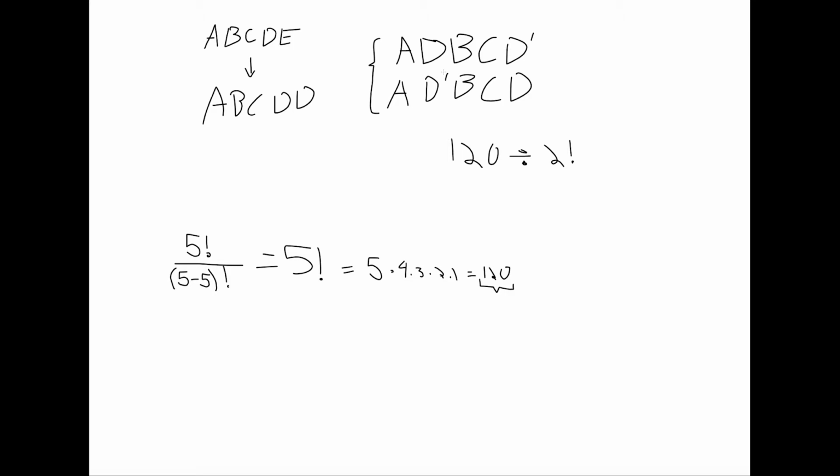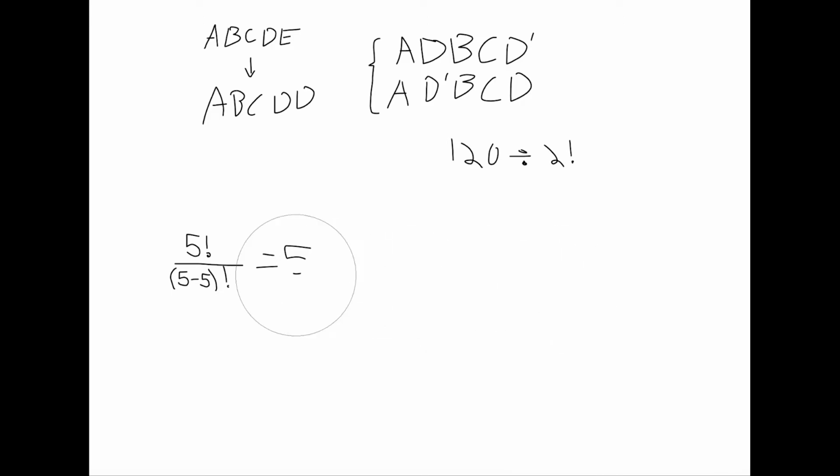There shouldn't be a prime here. I'm just using the prime to make it clear which D's which. So we have to divide it by 2 factorial because we're getting rid of all of these redundant permutations.